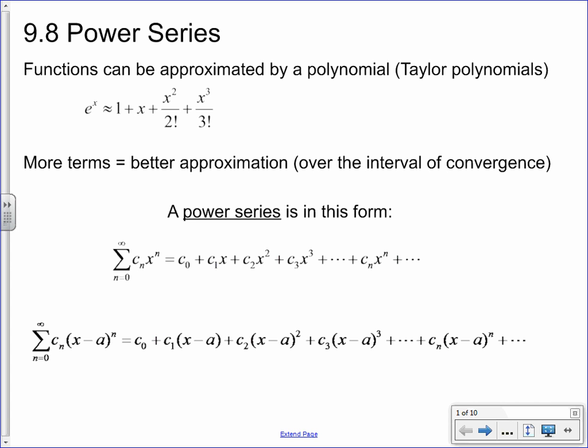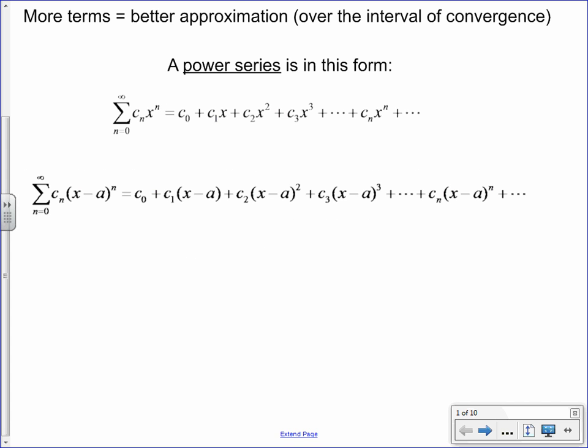So e to the x is this power series: 1 plus x plus x squared over 2 factorial plus x cubed over 3 factorial plus x to the 4th over 4 factorial. And if we keep going towards infinity, we have this power series. We're just taking our Taylor and Maclaurin polynomials and they're going towards infinity.